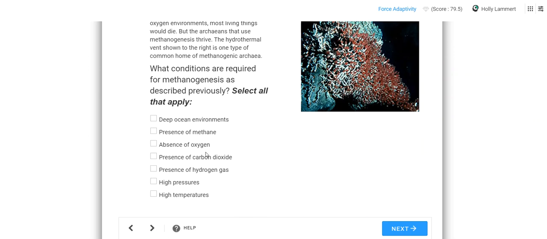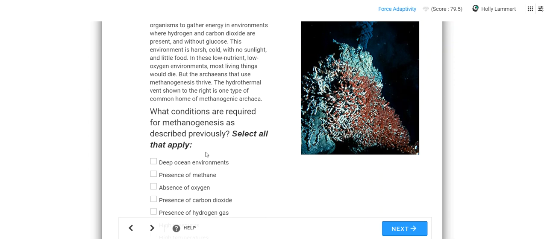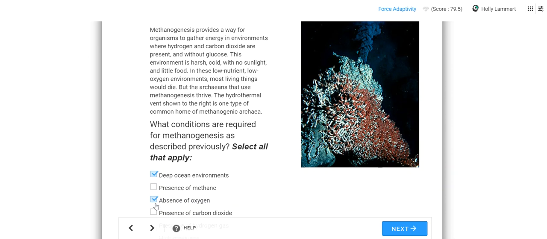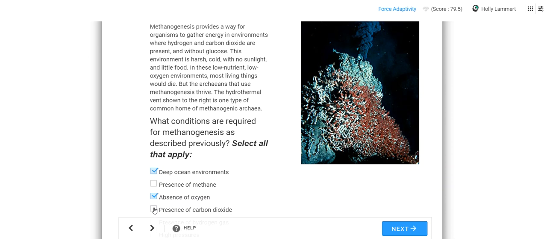What conditions are required for methanogenesis as described above? So as described above, we're deep in the ocean. We are producing methane, but it's not necessarily a condition necessary. We don't have oxygen. Does it say anything about carbon dioxide?